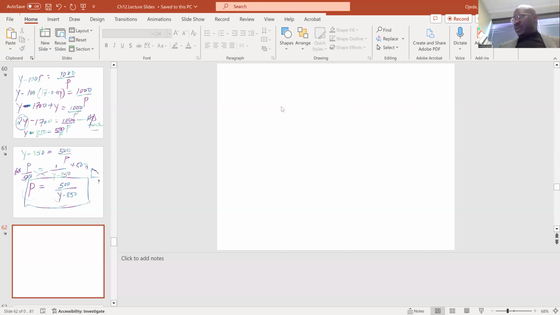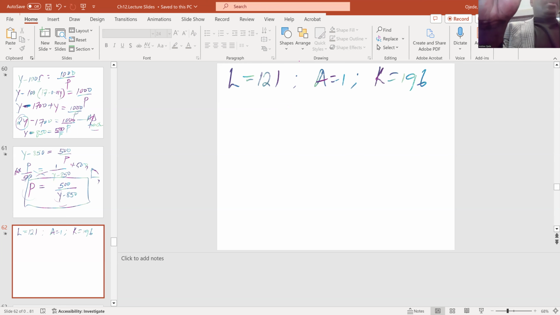So now let me go back to our slides and confront that there. The question is, I gave you some economy, and in that economy the labor force, L, is 121. You can ignore the time subscript. And then I gave you A is 1, the technology parameter, K is 196. The production function is given as K to the 0.5, AL to the 0.5.